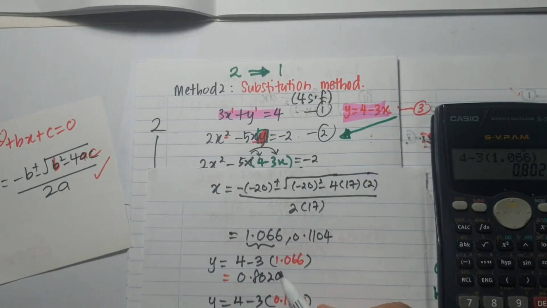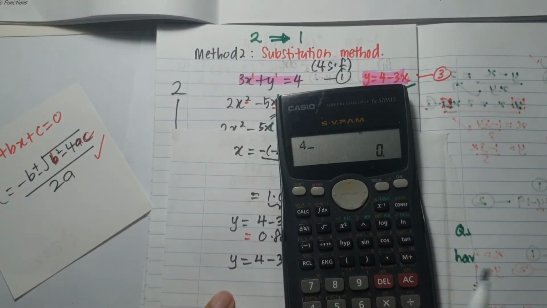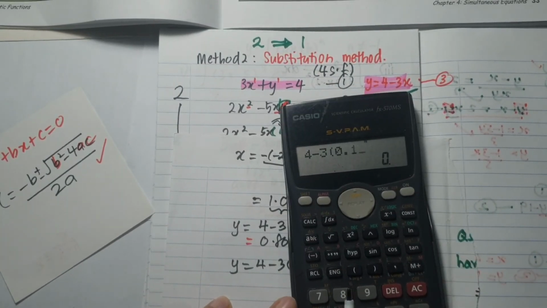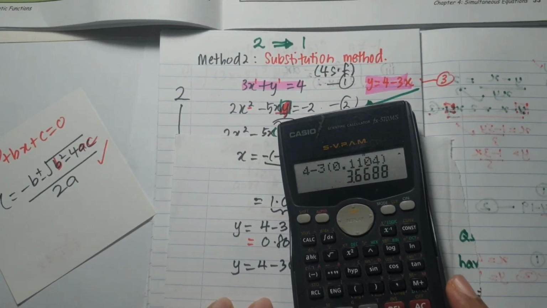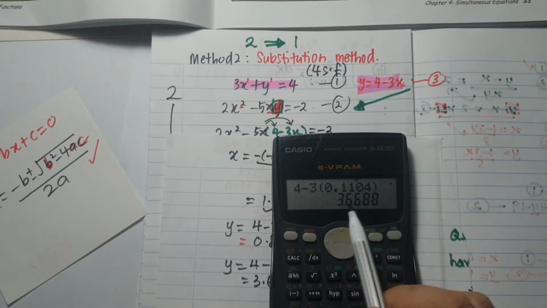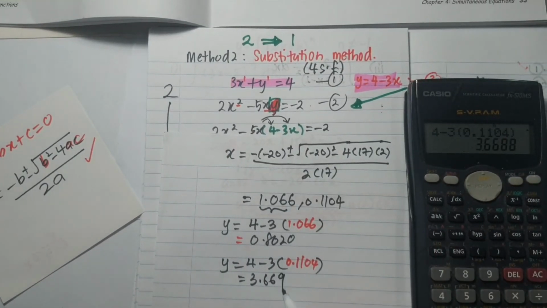So you must add one more 0 there to make it 4 SF. Next, 4 minus 3 bracket 0.1104 close bracket, 3.669, and here to make it 4 SF, you add 1 here, become 3.669.